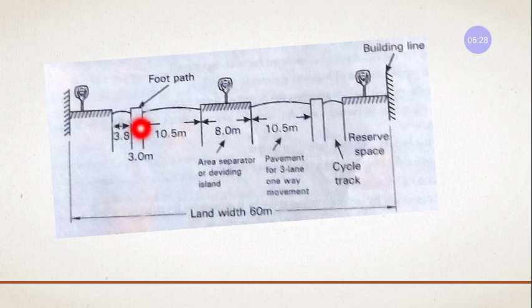Here the width of each lane is also larger than in the other cases of the roads, because these are provided on the highways, national highways or state highways. We have seen the road on the village roads or other district roads. We have seen the roads on the major district roads. Now on the highways, the width of each lane is larger, and these are provided on the highways.